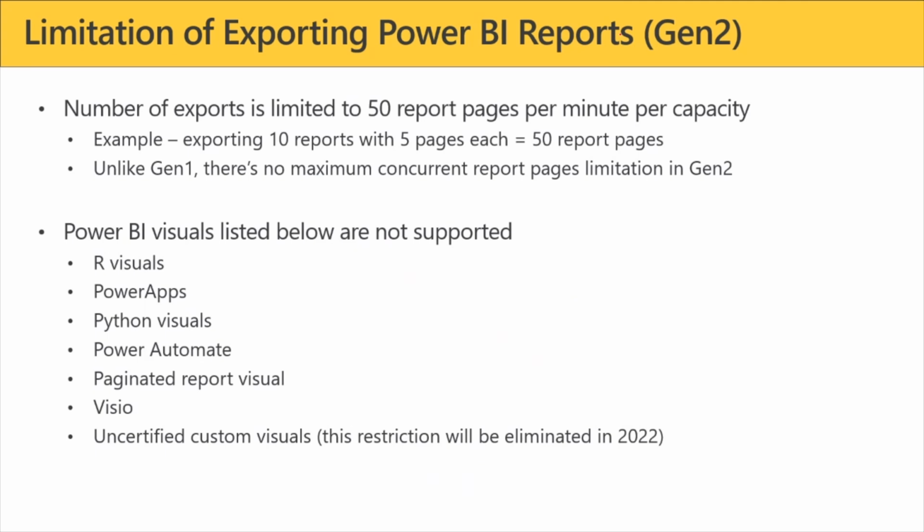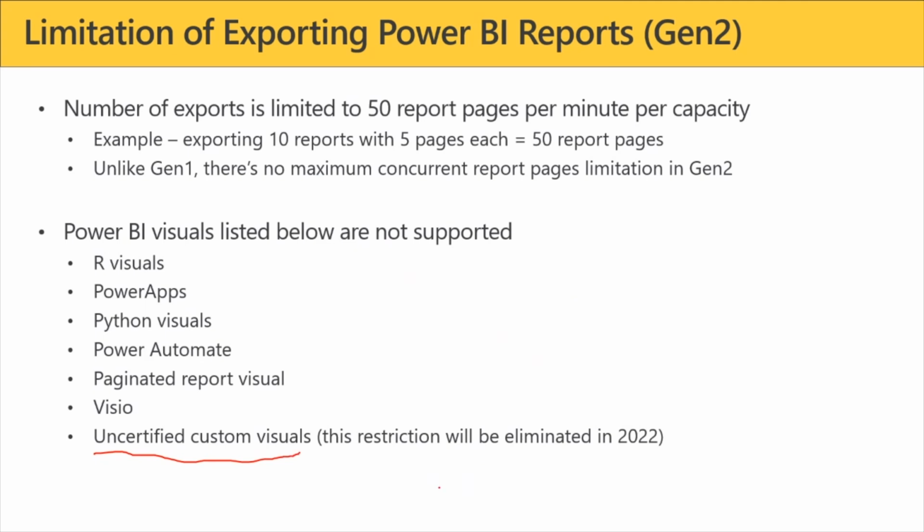Now, let's call out some visuals are not supported. R visuals, Powerapps, Python, Power Automate, and I just have to say, well, the Paginated report visual, we're going to show a trick where this is going to become important. But if you just export a report that has a Paginated report visual, that's not going to give you what you want. One thing I want to call out is that a lot of companies like to create custom visuals.